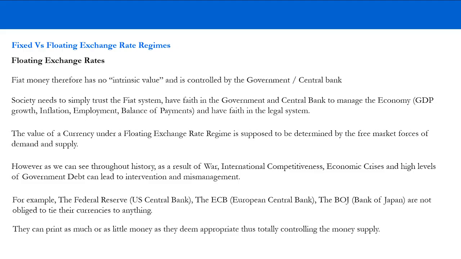So, for example, the Federal Reserve in the US, the US Central Bank, the ECB, the European Central Bank, the Bank of Japan, the BOJ, they're not obliged to tie the value of their currencies to anything. They can essentially print as much or as little money as they deem appropriate, and they're in complete control of the money supply.